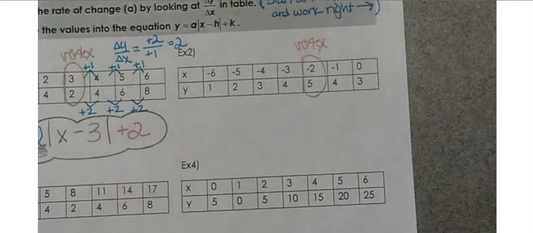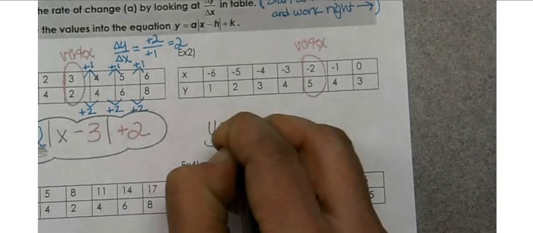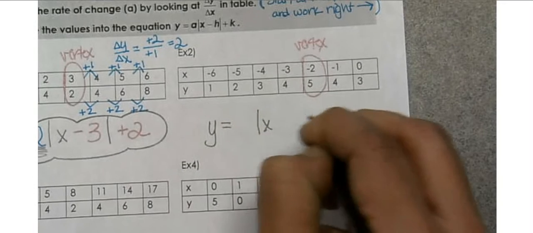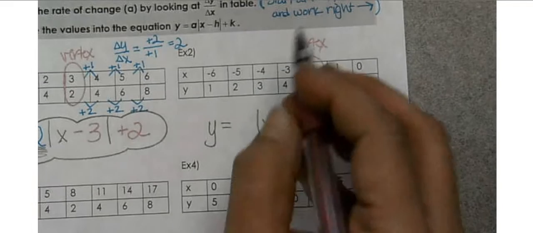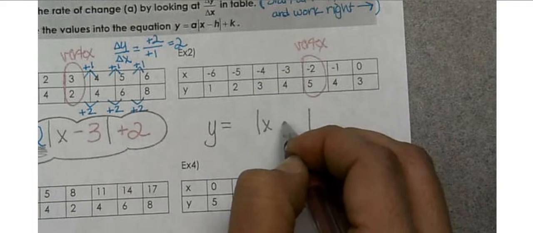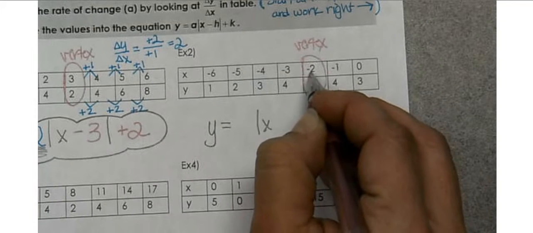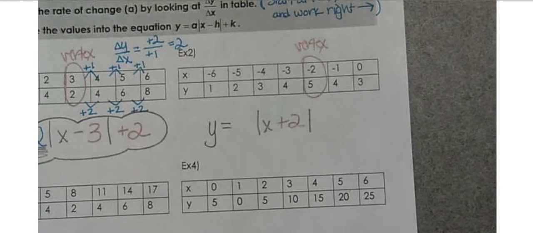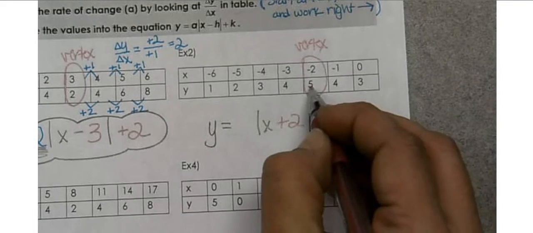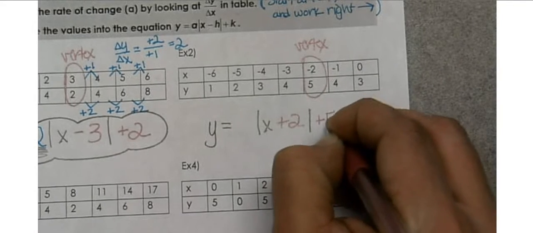And again, if you would like, we can right away put the vertex in our equation. The x-coordinate is the opposite of what we see in the equation. So since the x-coordinate of our vertex is -2, our equation will involve the absolute value of x plus 2. The y-coordinate is 5. That stays the same.